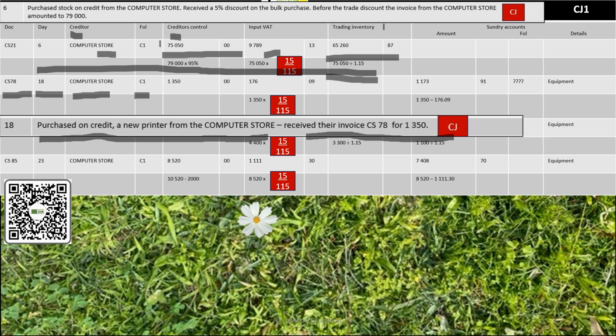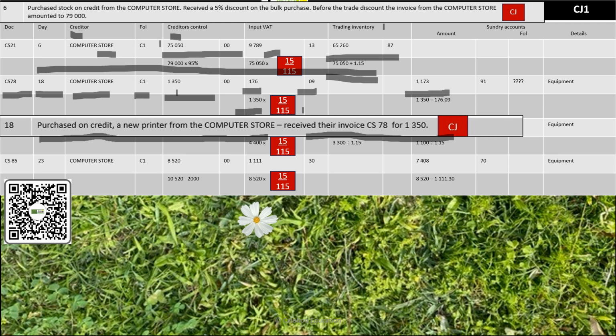It's creditor number 1 in the Creditors Ledger, C1. What amount of money is now owing to the computer store? Another 1350. The input VAT is calculated as 1350, the inclusive amount, times by 15 over 115 is 176.09.